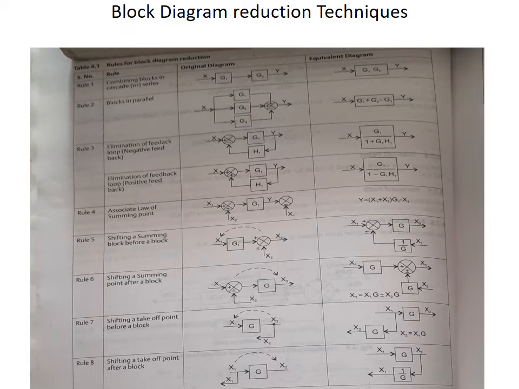Even when you move the summing point before the block, you have to maintain the same output.